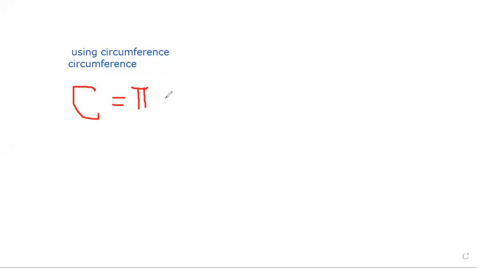Yes, Rahma. Pi times diameter. Yes, pi times diameter. And the second one is pi times 2 times radius. Yes, so the second one is 2 pi r, right? The second one is 2 pi r.